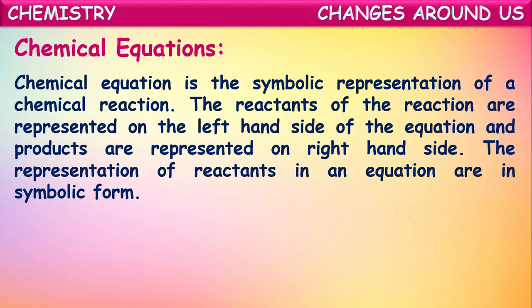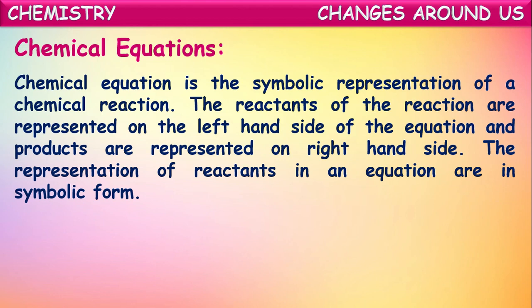In the chemical equation, the chemical substances which are participating in the chemical reaction are called reactants, as we know. So in the equation, these reactants are represented on the left hand side with their symbols and formulae.